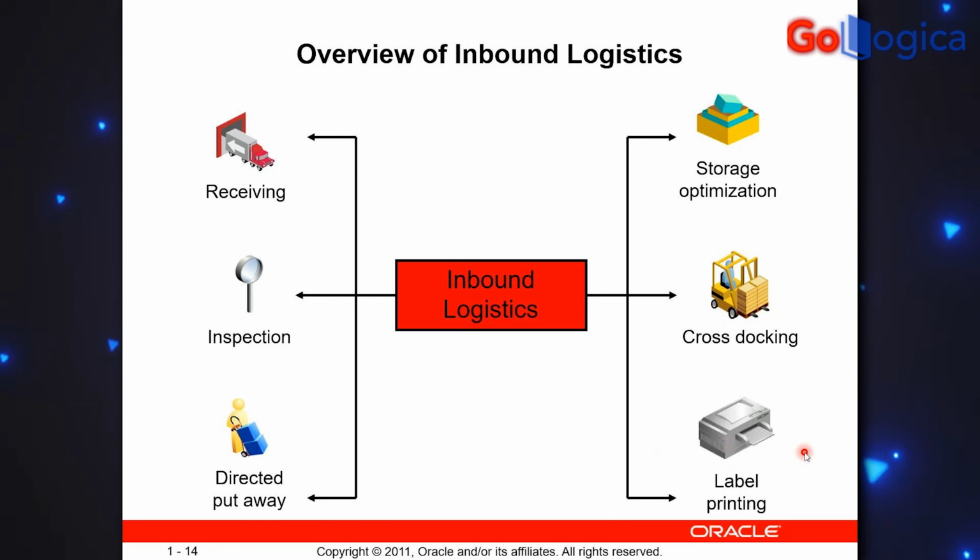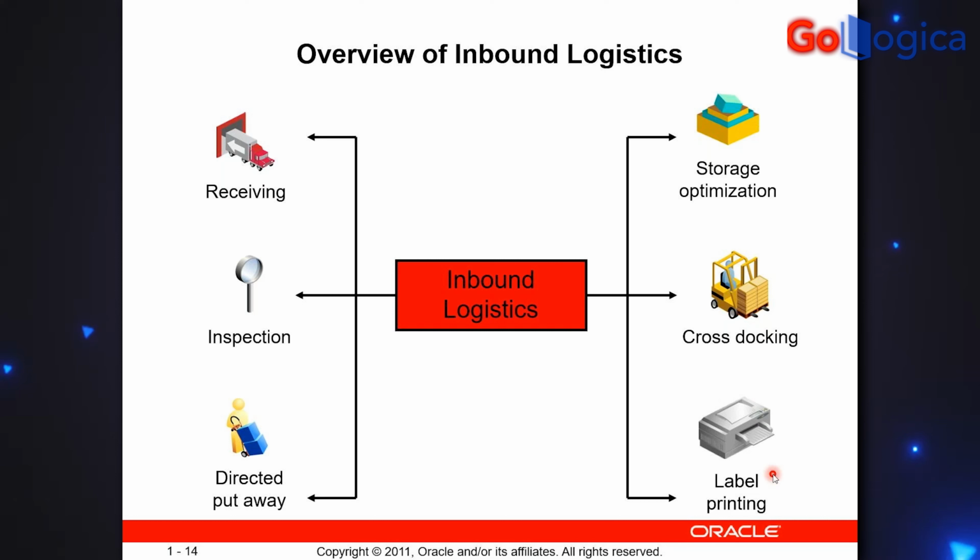Okay, so coming to the label printing part. Label printing is also an important feature of Oracle WMS, and it will be rule based. Every time you can set labels to get fired automatically on business transactions and business flows that are performed, like receiving, put away, pick load, pick drop, and ship confirm.